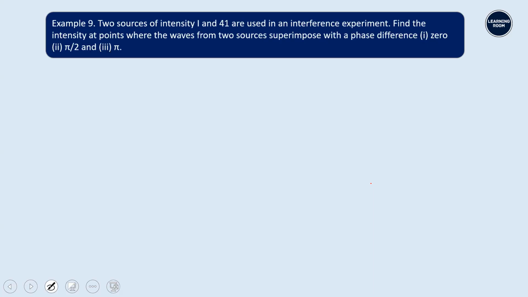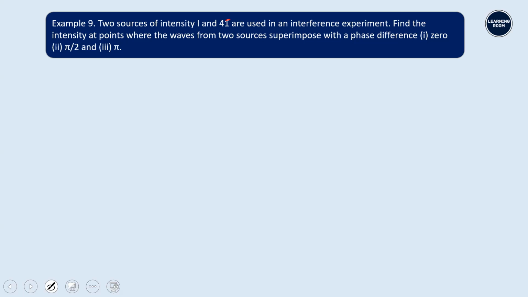Proceeding to the next one. Listen. Two sources of intensity I and 4I are used in an interference experiment. Find the intensity at the points where the waves from the two sources superpose with a phase difference of 0, pi by 2 and pi.